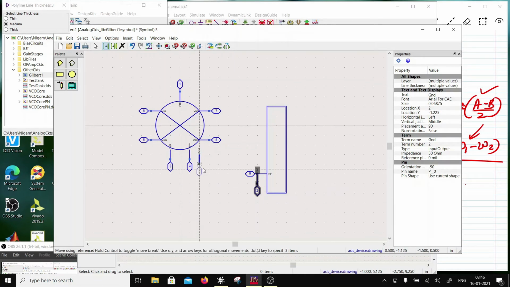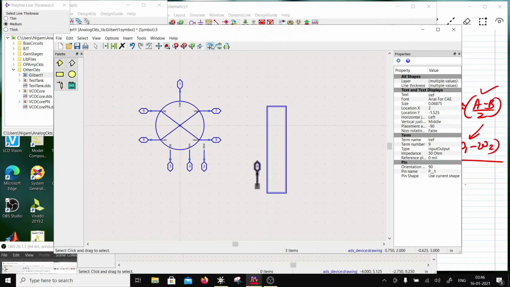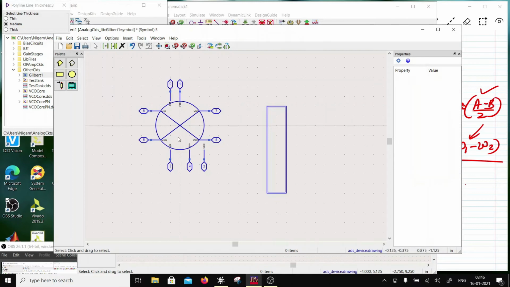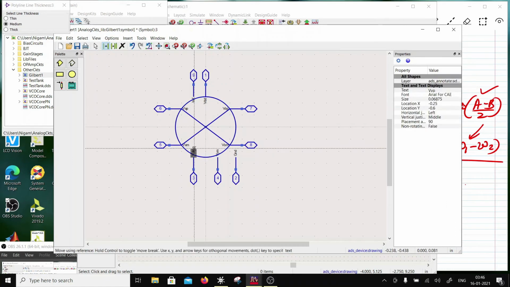So I'm going to keep ground on this side, and I'm going to keep RF on the left side, or I can keep RF at the top, right, because I have to put in a current here, right? So I will keep RF at the top here. Correct. I can throw this one out, and what I'm going to do is turn off the snap grid and adjust these. This is VYP and VYM.